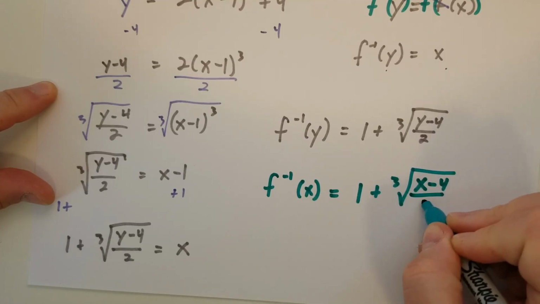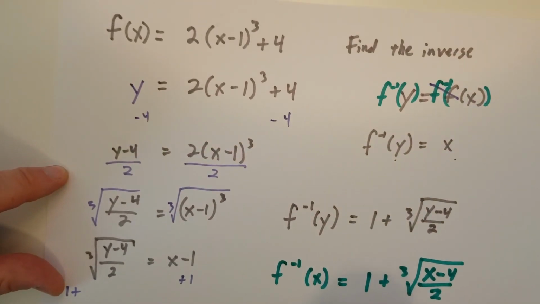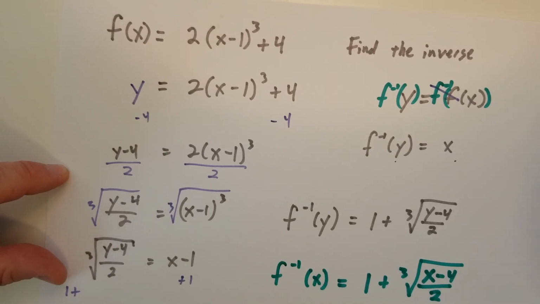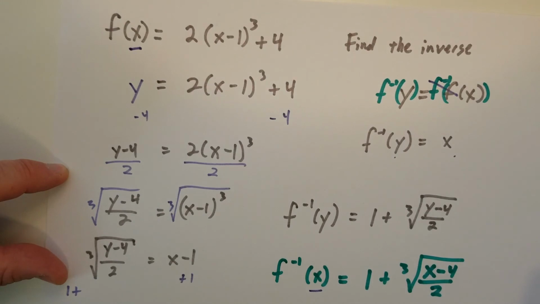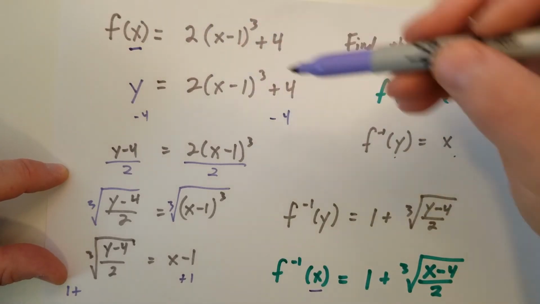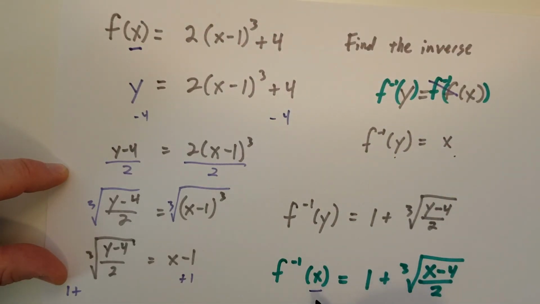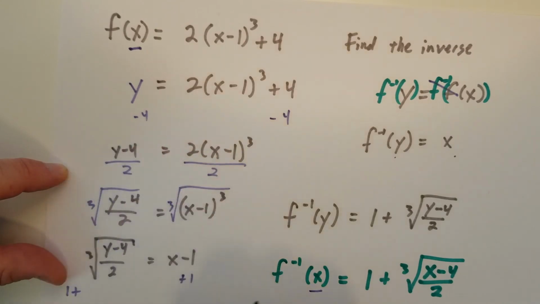Doesn't change anything except the variable that's used. But do keep in mind that the x you see here and the x you see here are not actually the same x. It's not actually the same input. One is the input of the function, one is the input of the inverse function. And so this x is actually the range of this function, and this x is the range of this function.